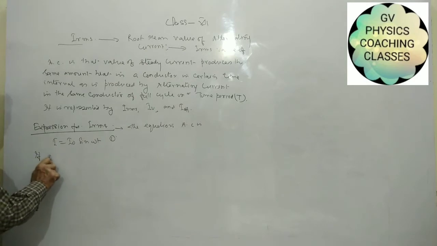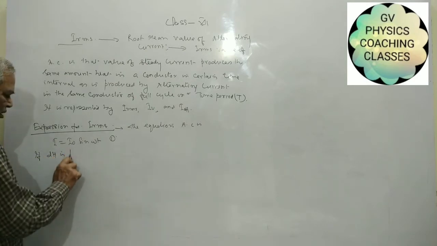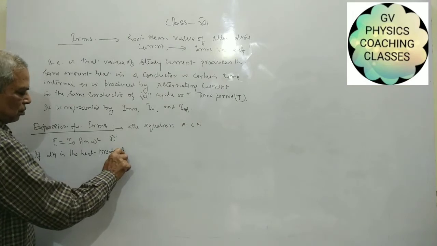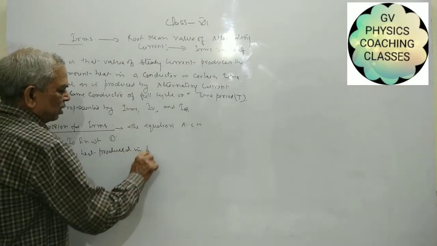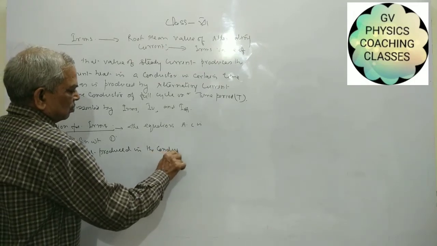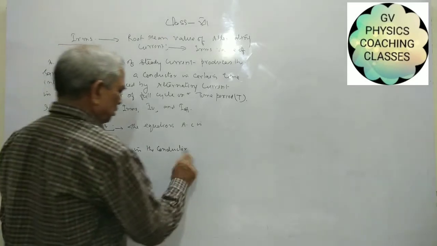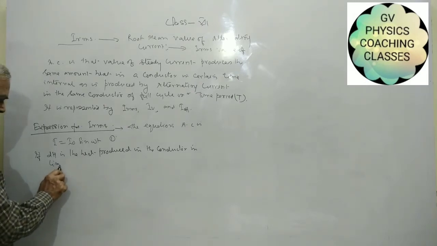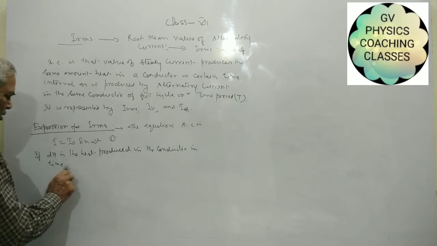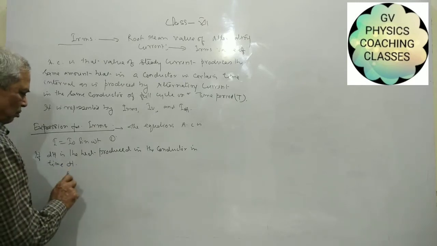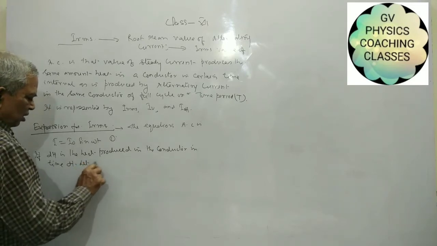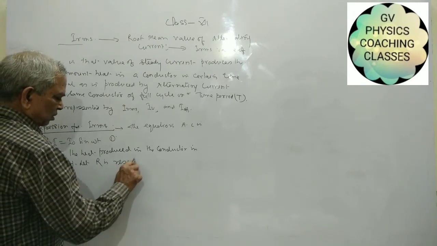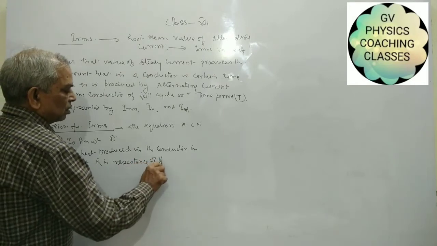If dH is the heat produced in the conductor in time dt, let capital R be the resistance of the conductor.